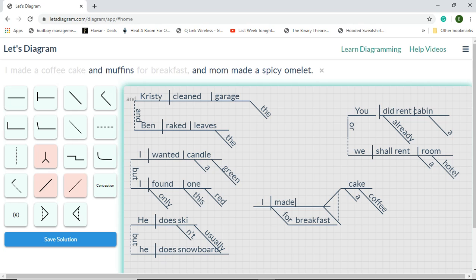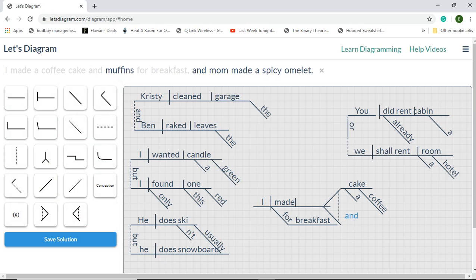Now, coordinating conjunction for the sentence for our compound direct objects is and. And come in here. Okay. And muffins. So cake and muffins are a compound direct object. Now, you look at compound sentence. What connects that? Coordinating conjunction and.